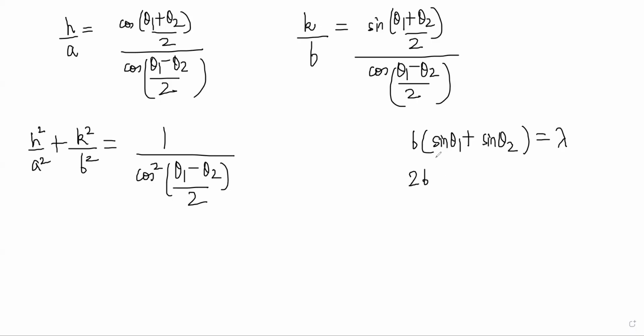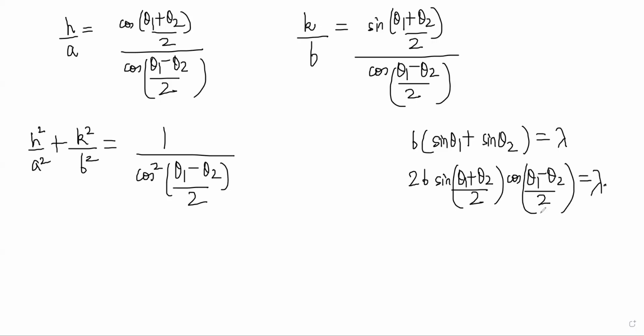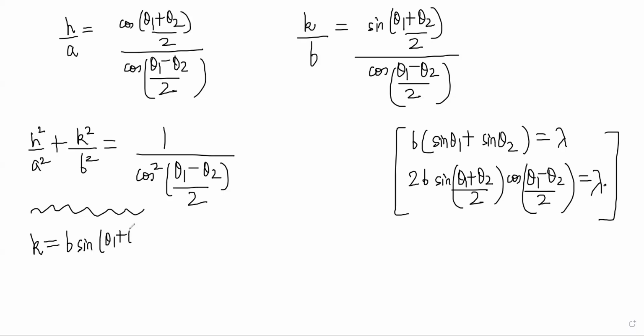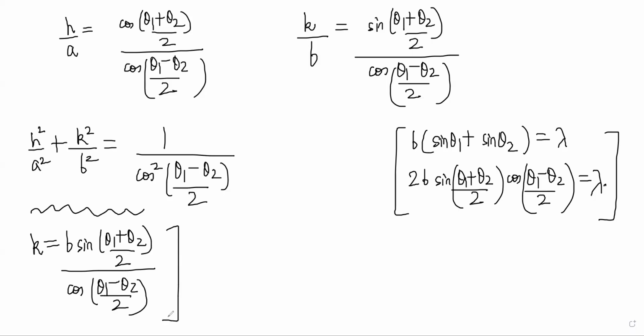We can write this as 2b, using the sin C plus sin D formula, sine (theta 1 plus theta 2)/2 multiplied by cos (theta 1 minus theta 2)/2 is equal to lambda. This result was available to us earlier, right? So now here we have this condition and we also have k is equal to b sine (theta 1 plus theta 2)/2 by cos (theta 1 minus theta 2)/2, right? So we have this second condition and this is the third condition, right?